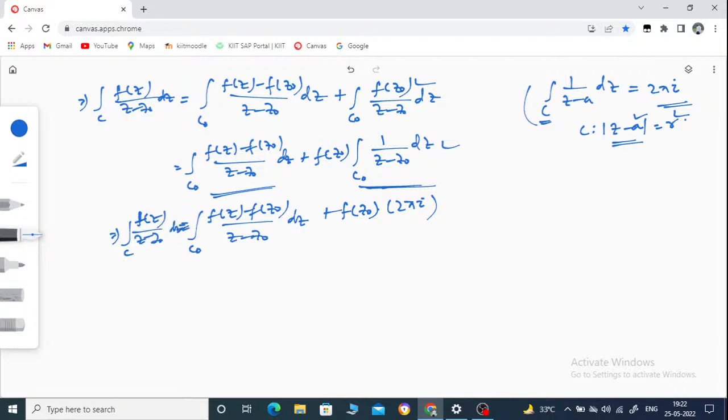What we want to prove is that this thing should be equal to this one; this is our aim. So now we can claim that this integration must be 0, because we have to prove the first one is equal to this one. So now our next claim is to show that.